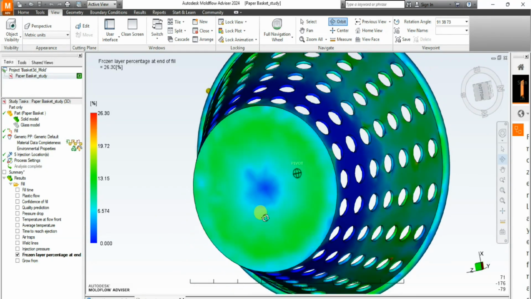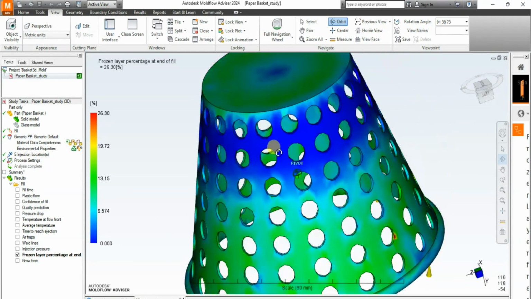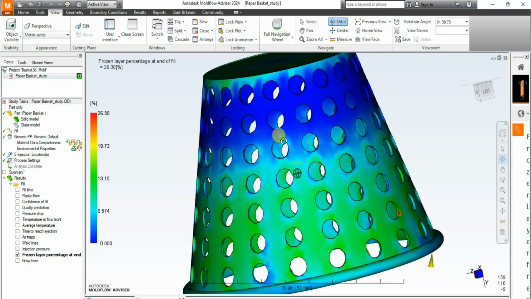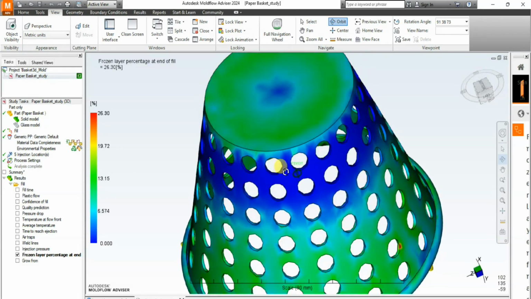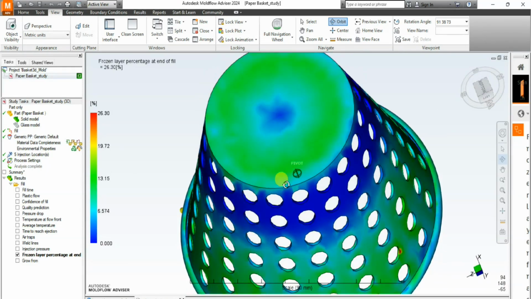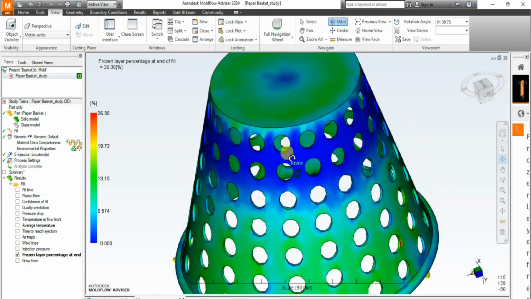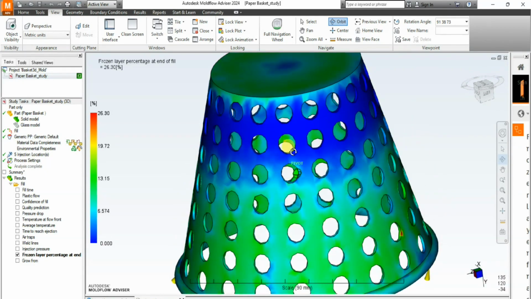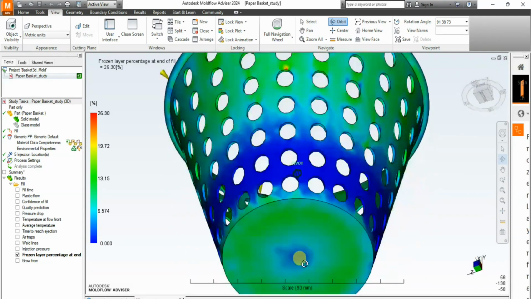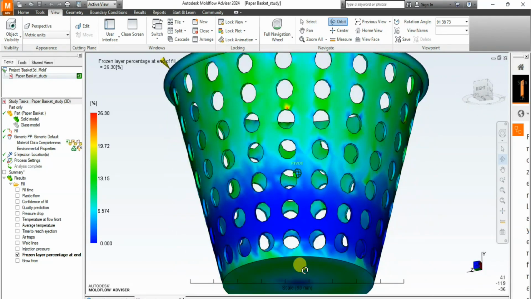That's the proportionality: a higher value is equivalent to a thicker frozen layer or a thinner flow layer, and higher flow resistance. A polymer is considered frozen when the temperature falls below the transition temperature, that's T-trans.